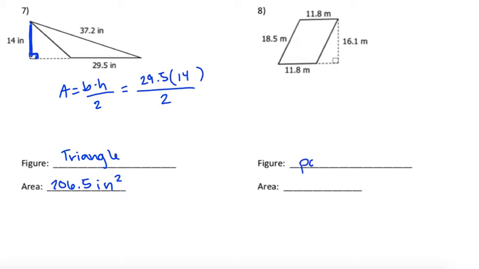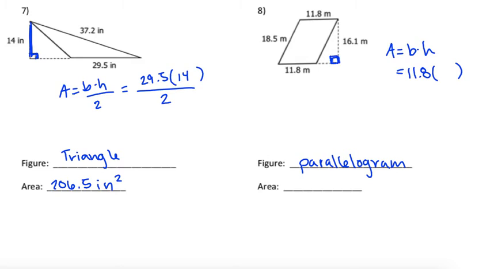Number 8, I have a parallelogram. And the area of that is base times height. Okay, so in my area, I'm going to have a base of 11.8 and a height. Okay, so I have 2 heights given. From base to base, I have the 18.5, or this kind of auxiliary line is what it's called when it's dashed, 16.1.